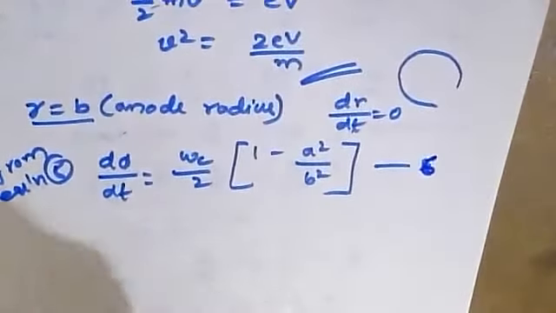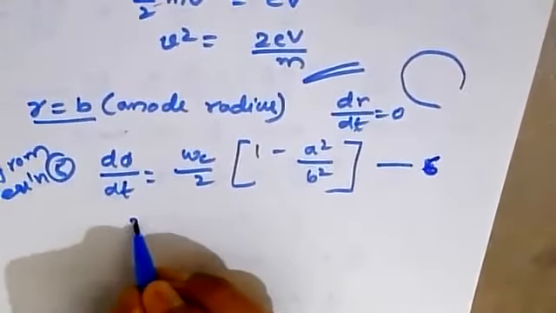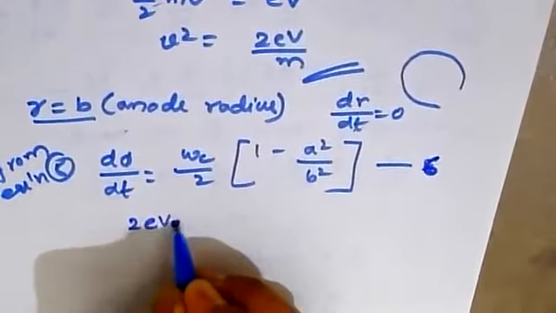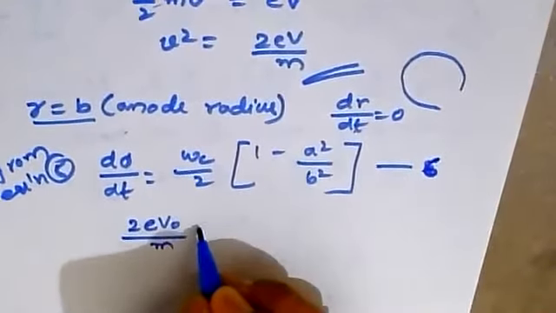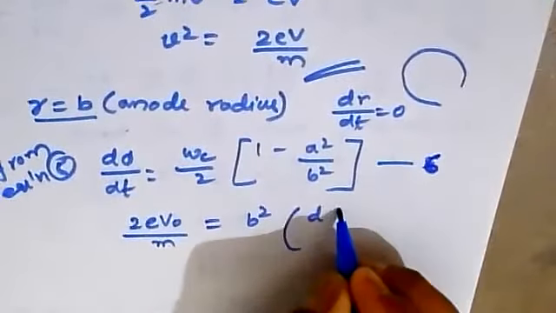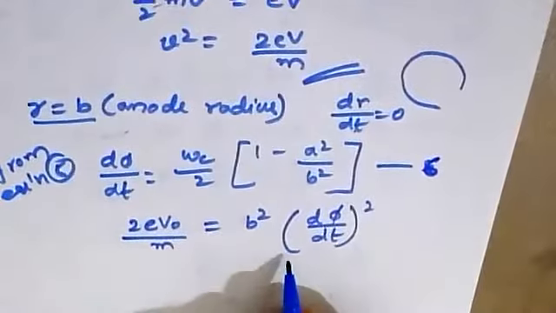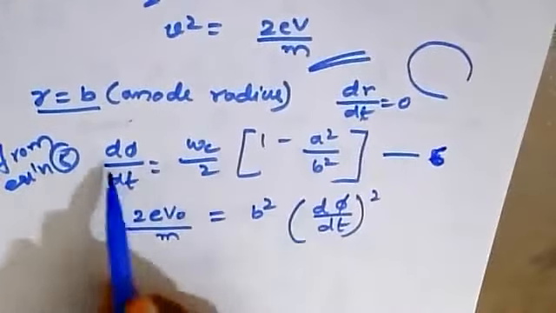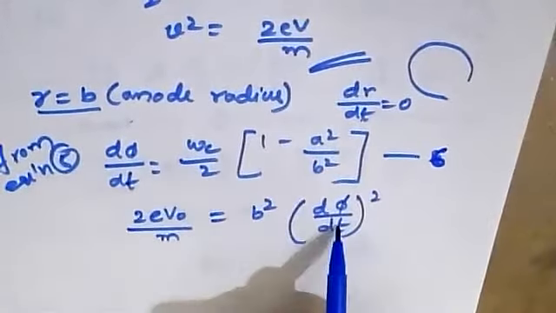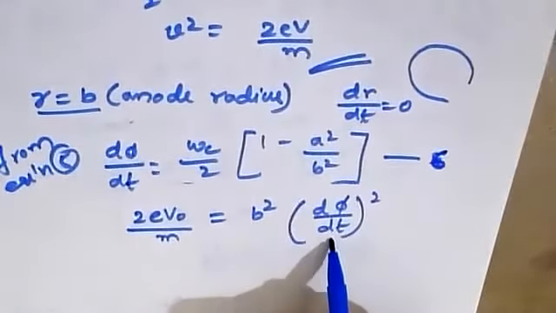Now, approximating with the equilibrium condition, 2e v naught by m will be equal to b square times d phi by dt, whole square, under equilibrium condition. For that, replace the value of d phi by dt in this. This entire term is replaced over here.